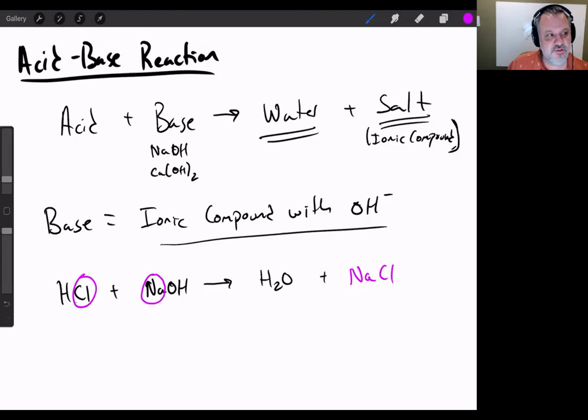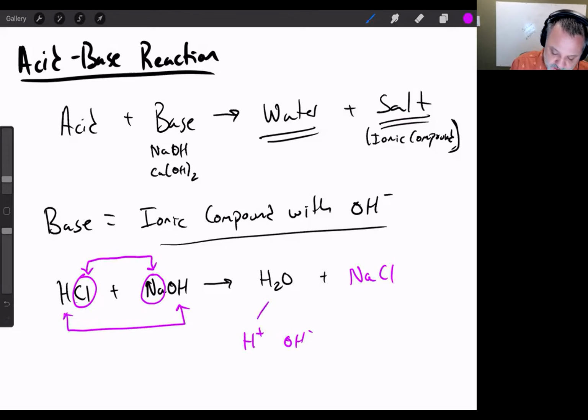This really is just a double replacement reaction. Here are the partners that swap, and here are the partners that swap. It's just that when you put together H plus ion with hydroxide, you don't get an ionic compound, you get water.